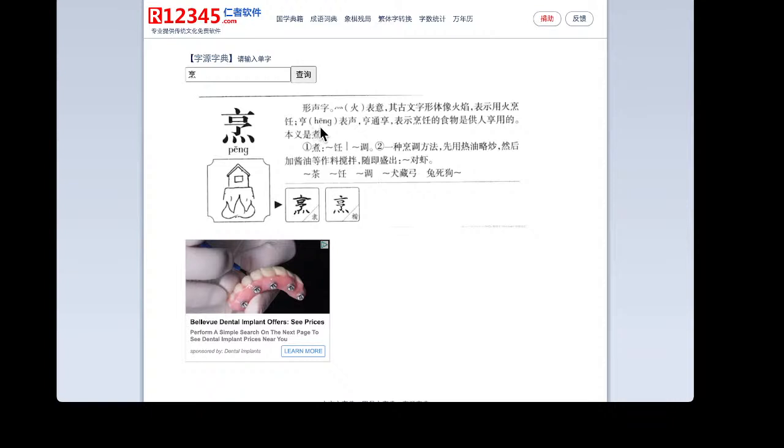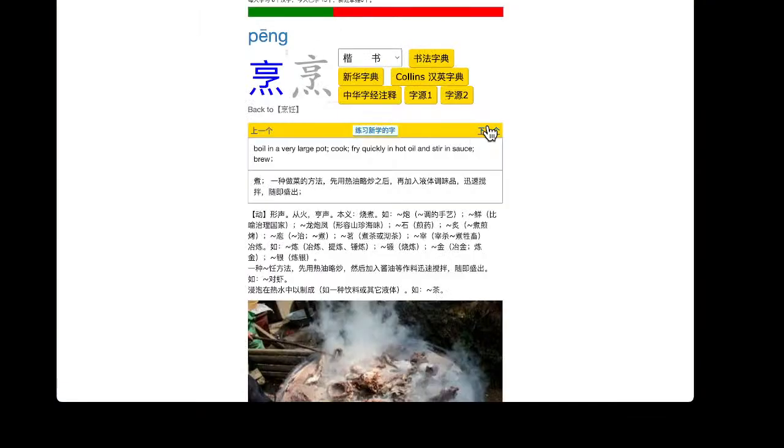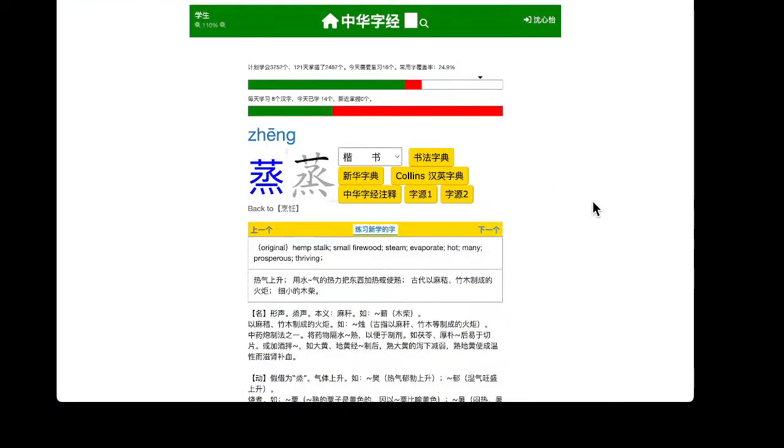And on the top is the word 哼, which means enjoy. So this means that food, once prepared, is for people to enjoy. So the basic meaning of 烹 is cooking food, right? Next one, 蒸.